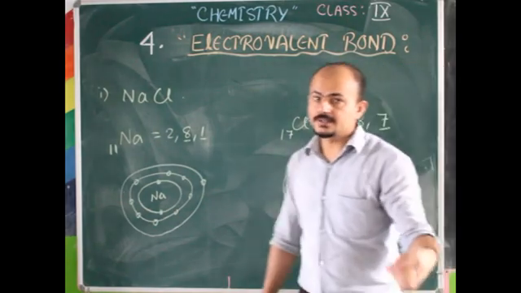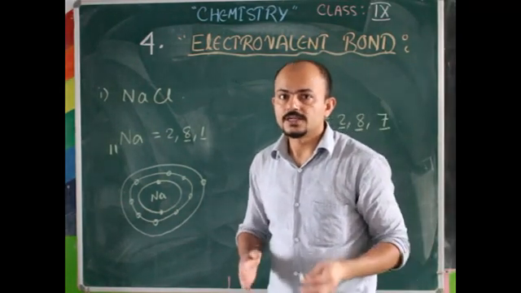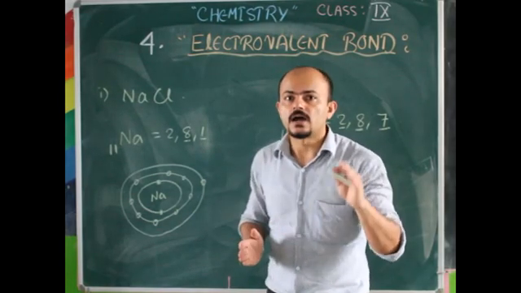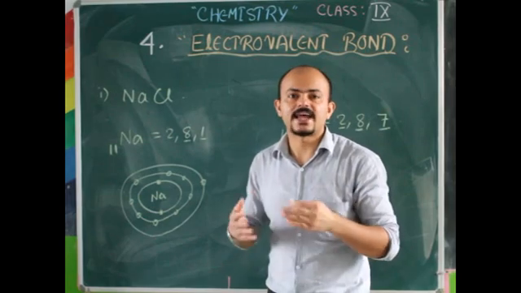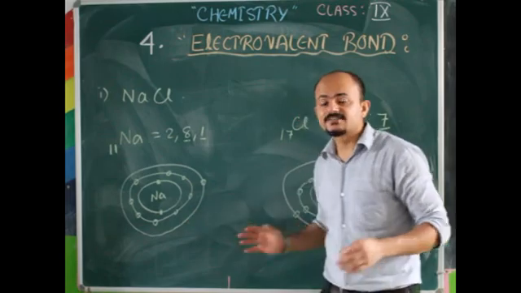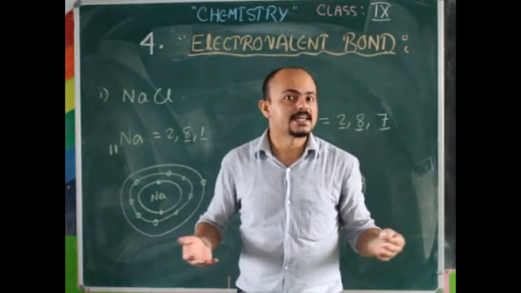Now, from our previous discussion, we have discussed the octet rule. I have told you, if the atom of any element has 8 electrons in the valence cell, then that will be very, very stable. Therefore, why do these elements react? They react so that they can be stable.